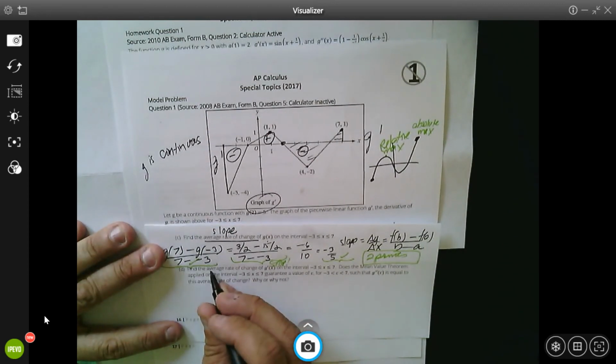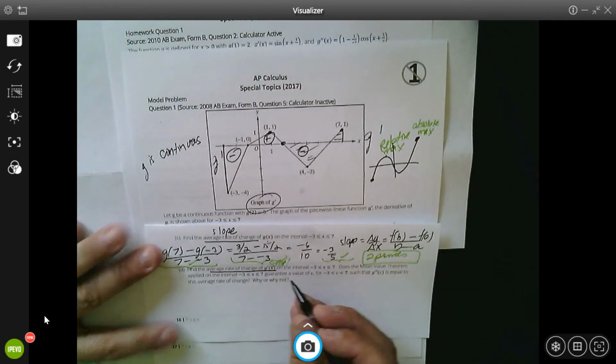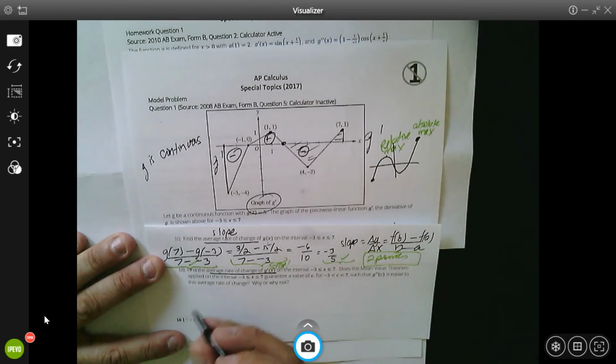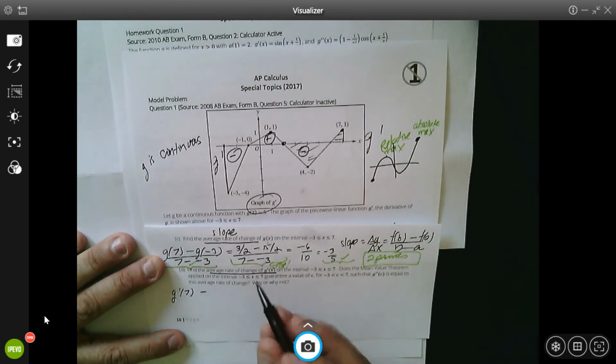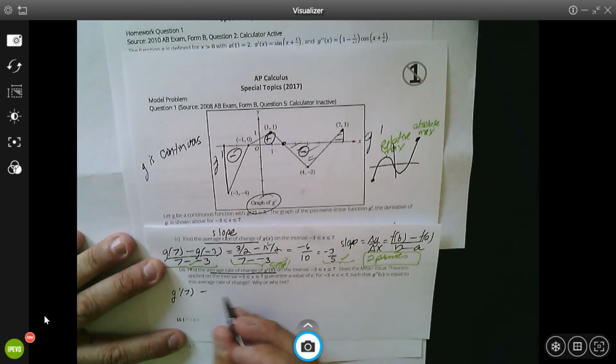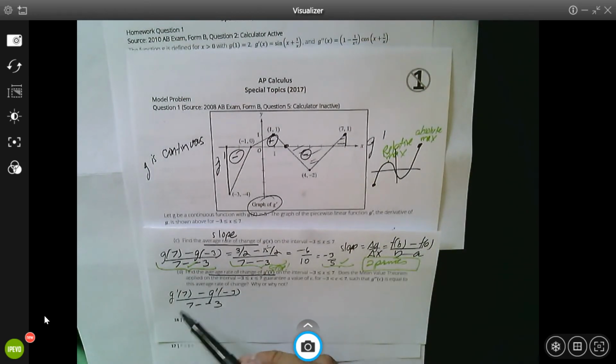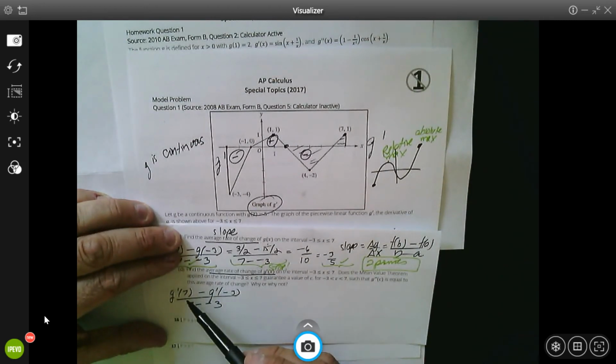I want the average rate of change of g prime. Now, you've got some options here. Average rate of change of g prime, well, we just did that. We found the average rate of change of g. Same process: g prime of 7 minus g prime of negative 3 divided by 7 minus negative 3.